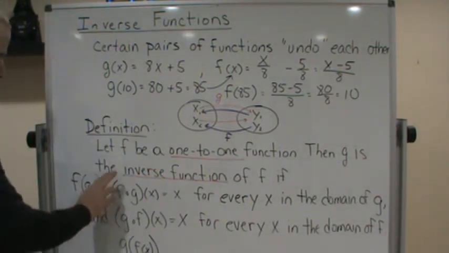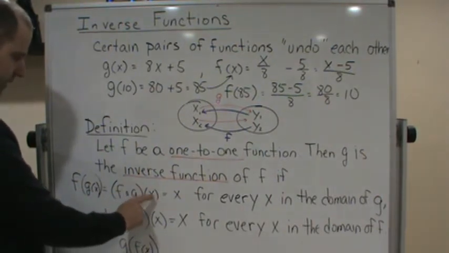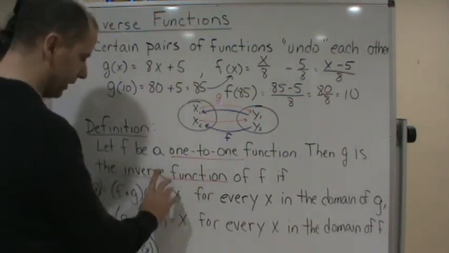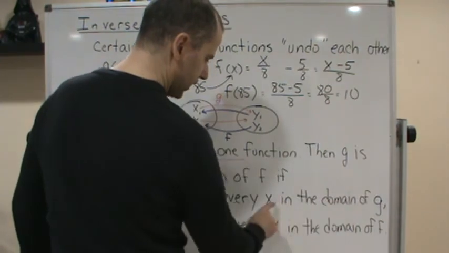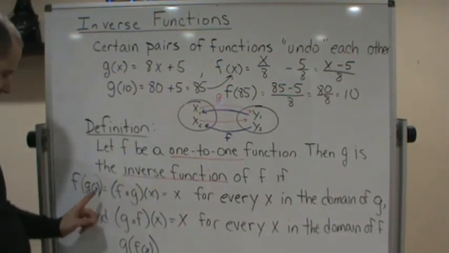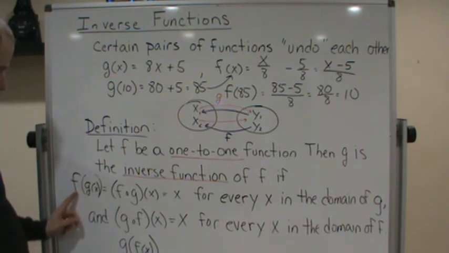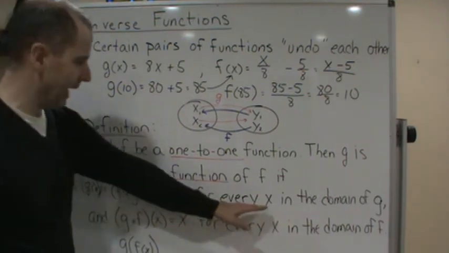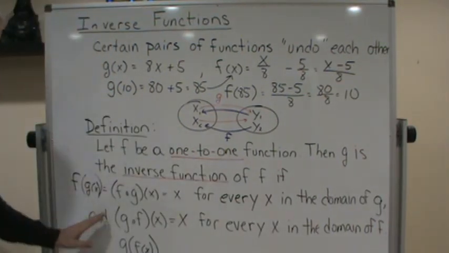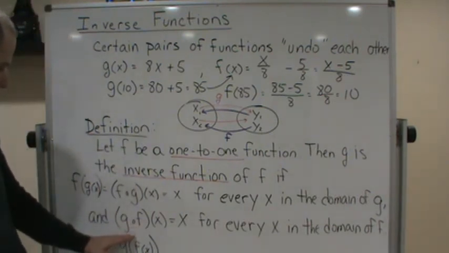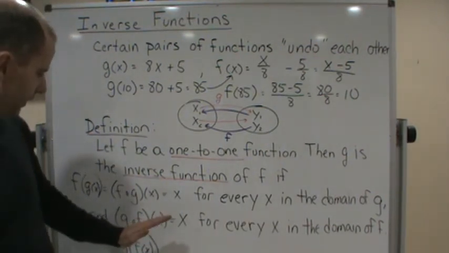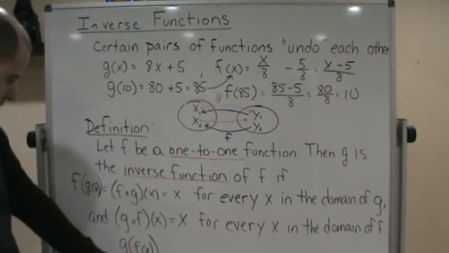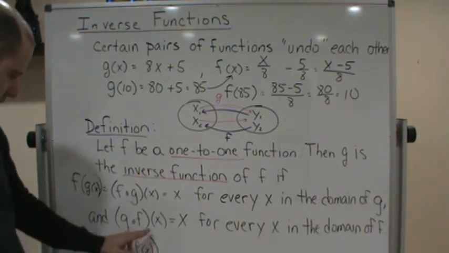What does this mean? If we compose f circle g of x and we get x back out, this has to be true for all x values in the domain of g, because g is inside f. And likewise, if we compose it the other way, g circle f, this has to be true for every x in the domain of f, because f of x is the inside function.